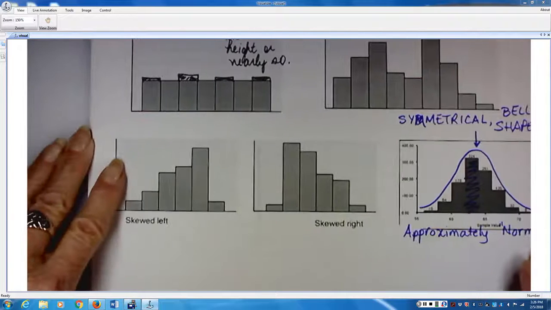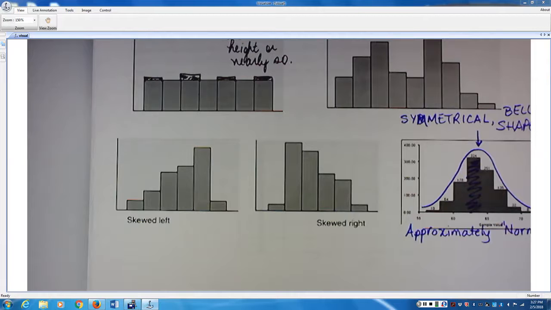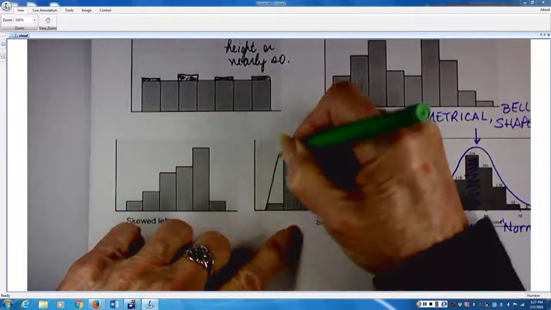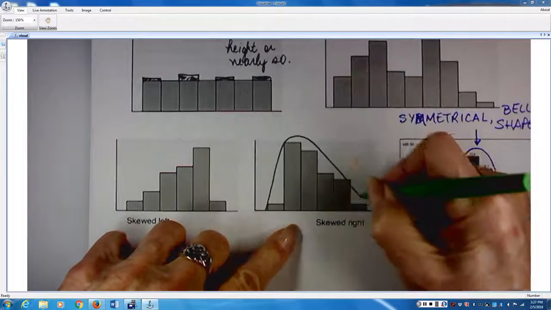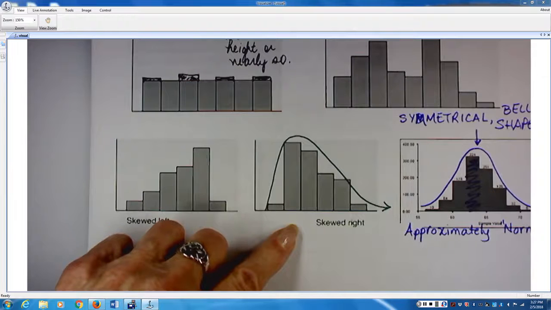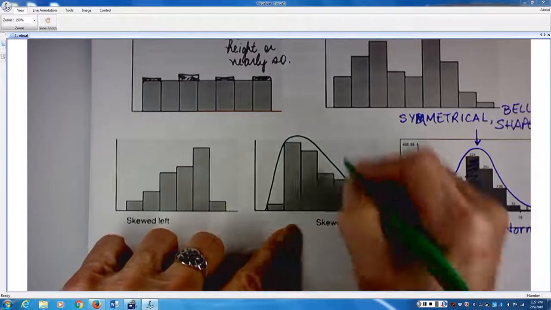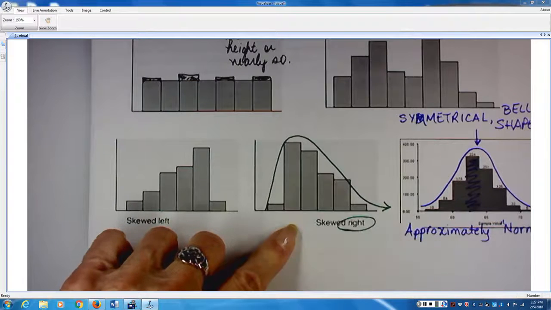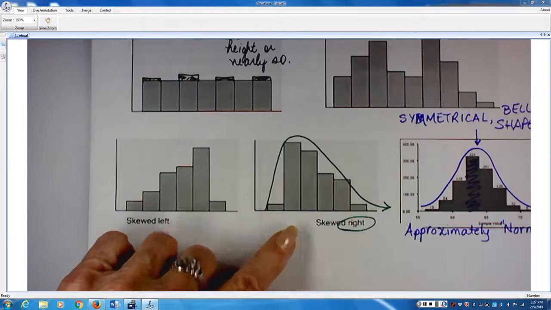The other two, unlike the symmetrical one, each have a peak. It does have a distinct peak. But this one's peak shows us that it's skewed to the right, because remember, the skew is the side you want to ski down. So it's skewed right.